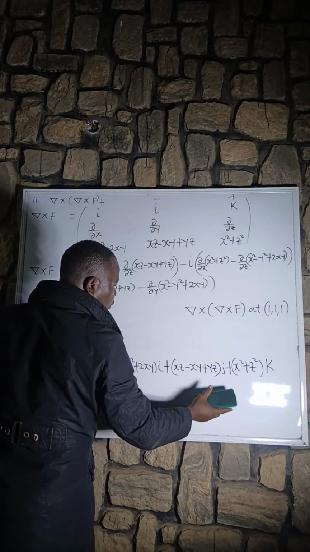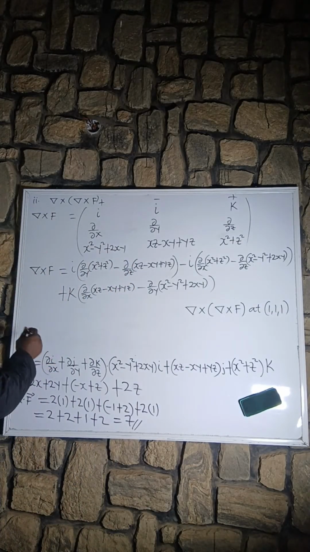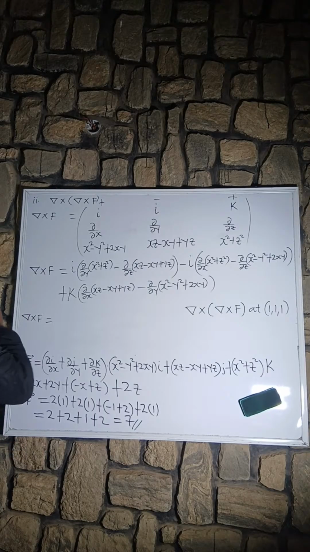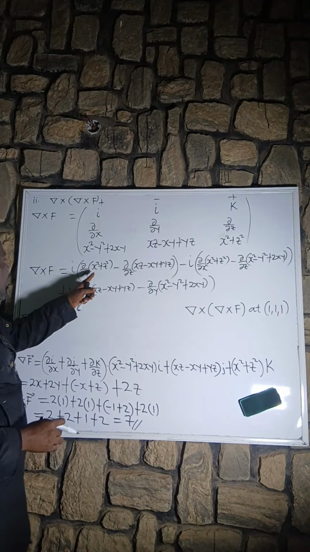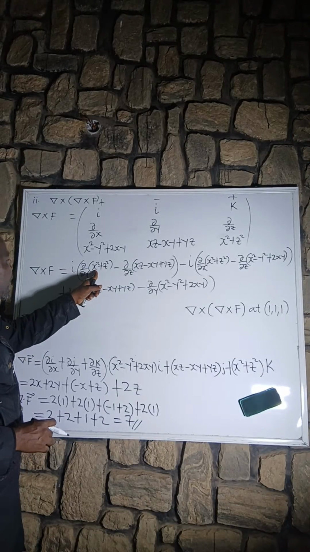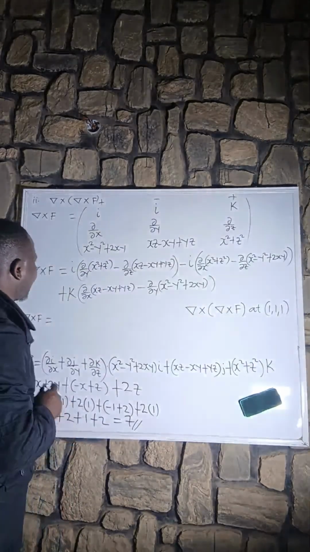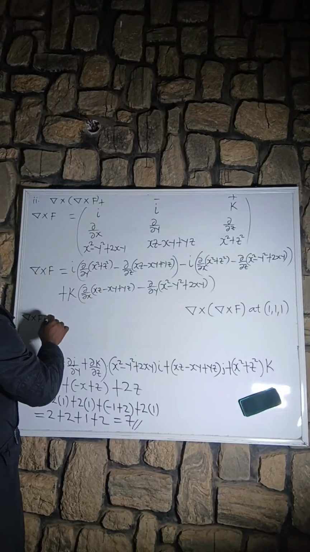So far, so good. It means this will now be equal to: differentiate what is inside there with respect to y. For the fact that there is no y, here will be 0. Is that clear? Take note. So here will be 0.